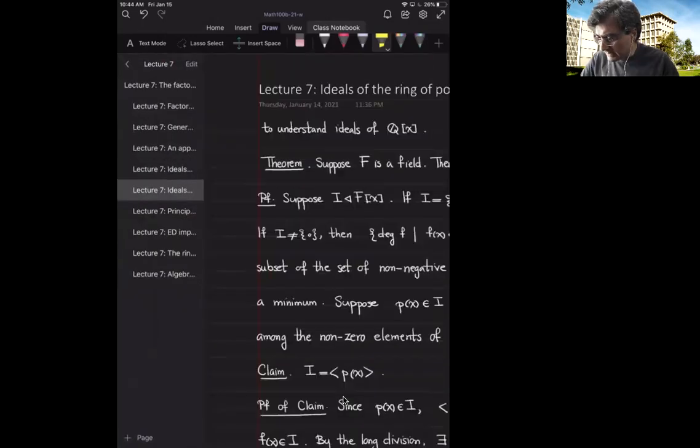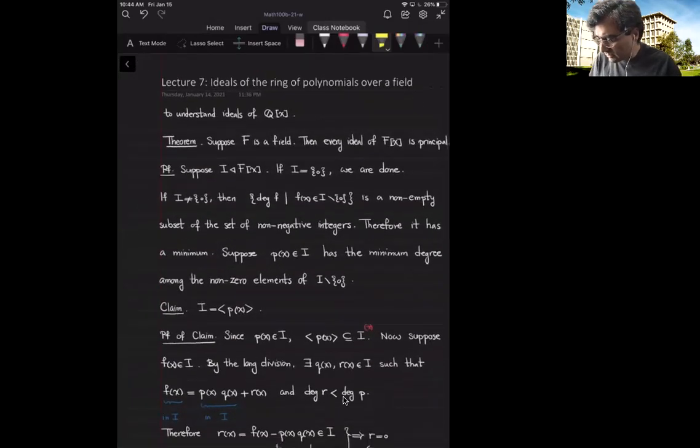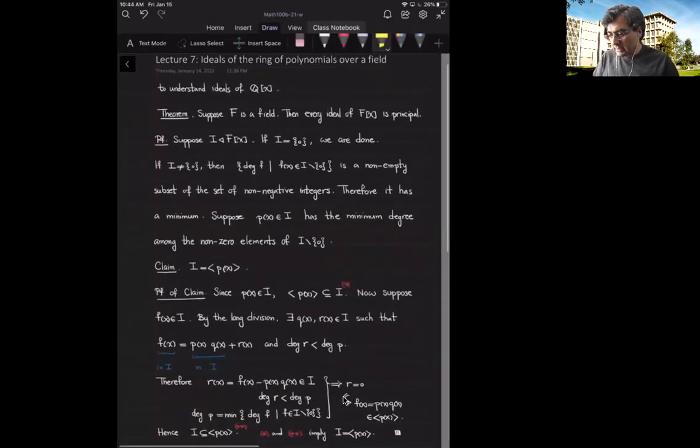So what are ideals of the ring of polynomials with coefficients inside Q? In fact, what we will show is that if we start with an arbitrary field F and consider the ring of polynomials with coefficients inside this field, then every ideal is principal. So it has a similarity with the ring of integers. In the ring of integers, we showed that every ideal of Z is of the form nZ.